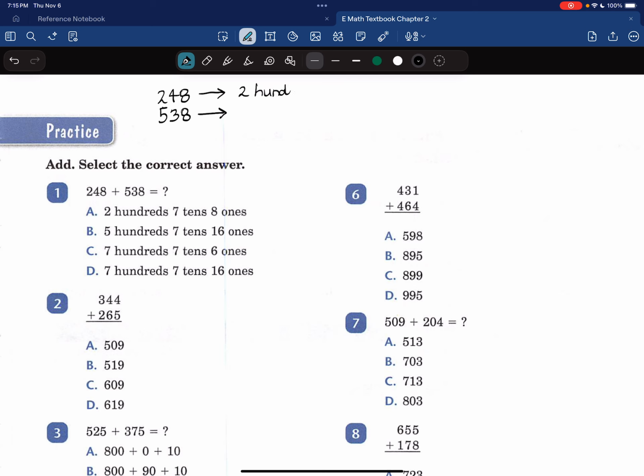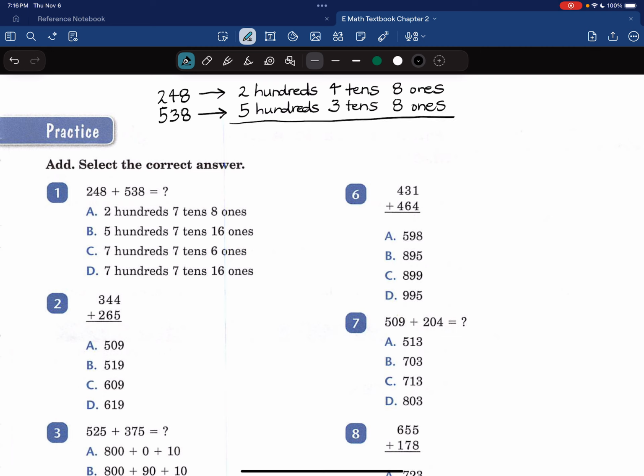So 2 hundreds, 4 tens, and 8 ones. Then 5 hundreds, 3 tens, and 8 ones.